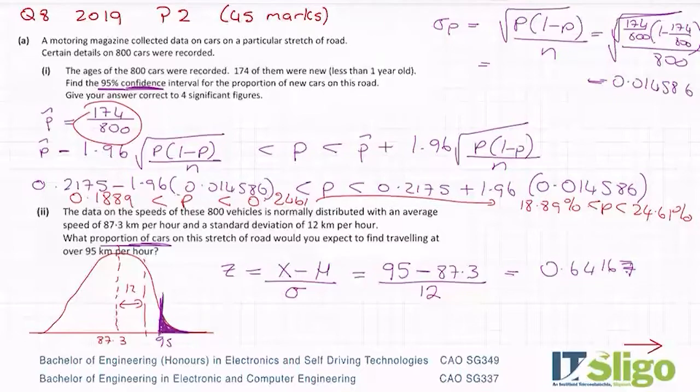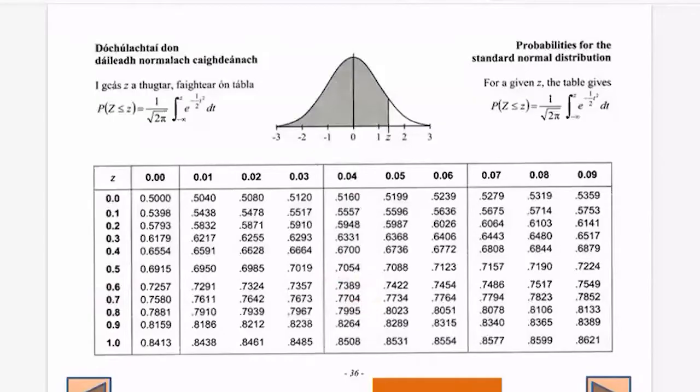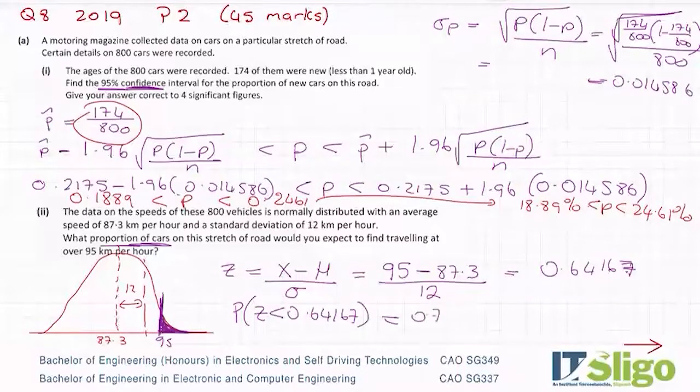Okay, so the probability that Z is less than 0.64167 is equal to, I've forgotten already, 0.7389. Okay, like I said, that gives me the proportion of cars that's less than 95.